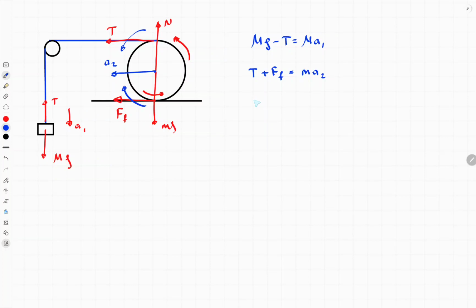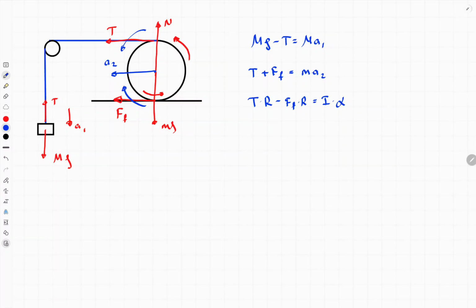So total torque is basically tension times R minus the friction force's torque. This total torque is equal to the moment of inertia of the cylinder, taking torque about the center of the cylinder, times the angular acceleration of the cylinder.